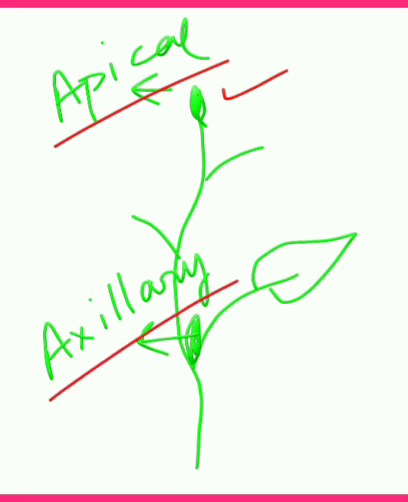And the axillary or lateral bud is present in the axil of a leaf and gives rise to branches. But in the case of Bryophyllum, we call it adventitious buds. Why? Because the bud is neither growing from the apical part nor from the axillary part. Instead, these small buds actually grow from the margin of the leaves.